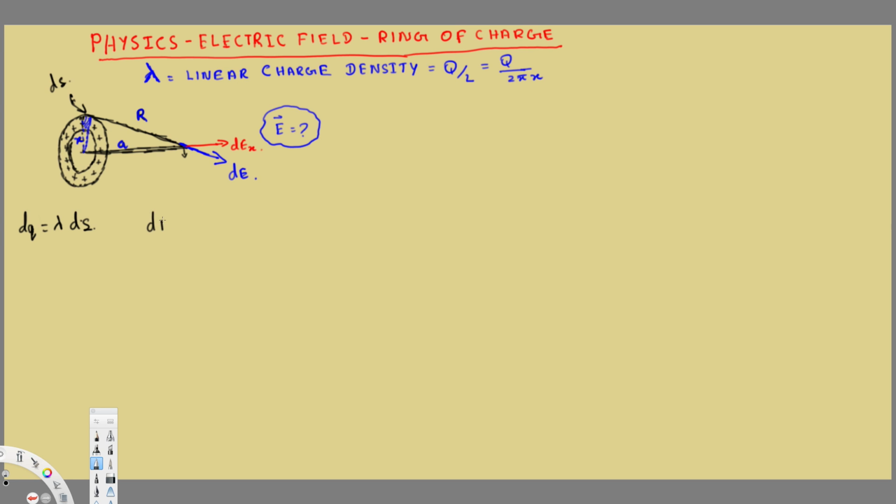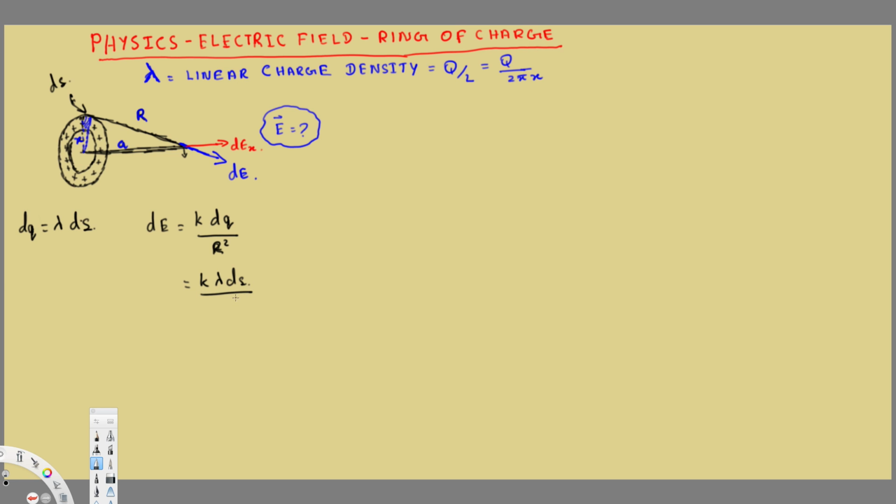So dE is equal to, we are using E equals kq over r square, so dE is going to be k dq over r square, right? This is going to be our equation. In this case, we can replace dq with lambda ds, so this is going to be k times lambda ds.